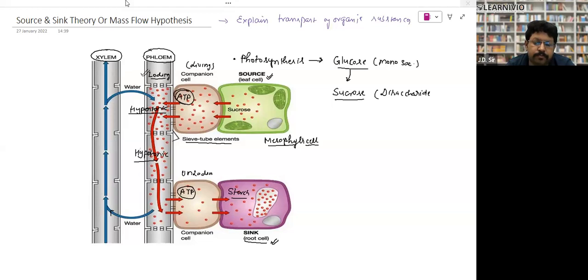Full stop. Water gets separated from sugar and it comes back to nearby xylem element through osmosis. Full stop.